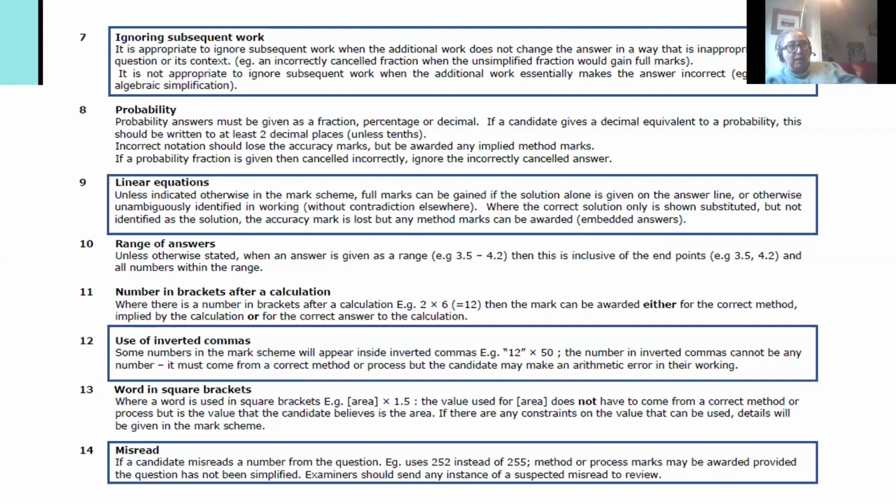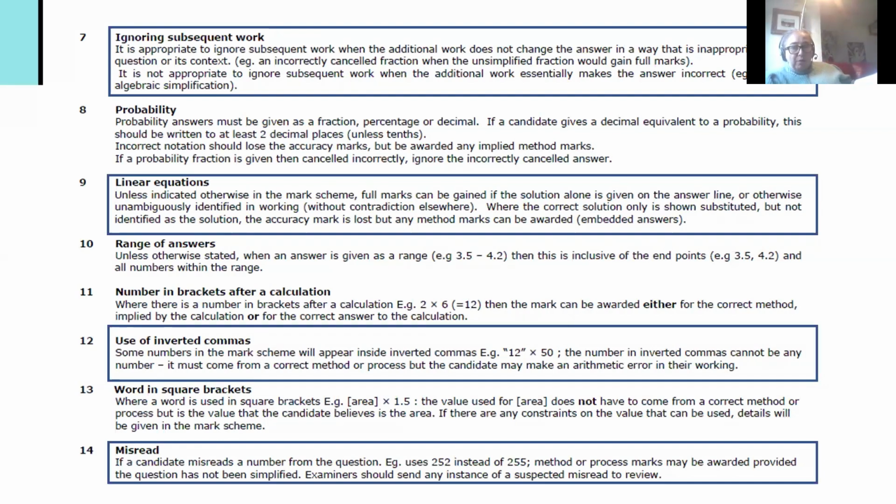It's not a decision we make lightly. It's something that we've honed over the years. The one I always quote is, for example, if there's a scatter graph and it says use your line of best fit to estimate, even if their answer is within the acceptable range, we will not award it unless there is a line of best fit, because we want to get them in the practice of the line of best fit. But again, that's our decision that we've made over the years.